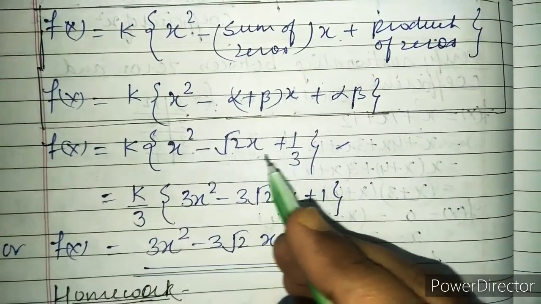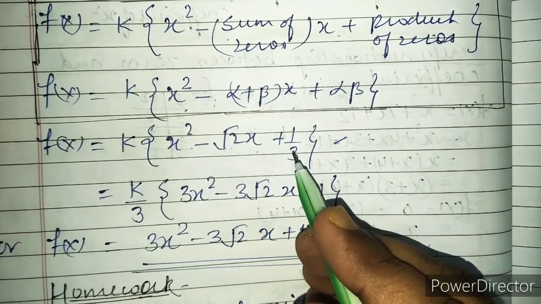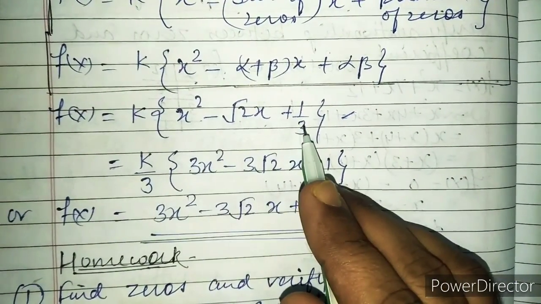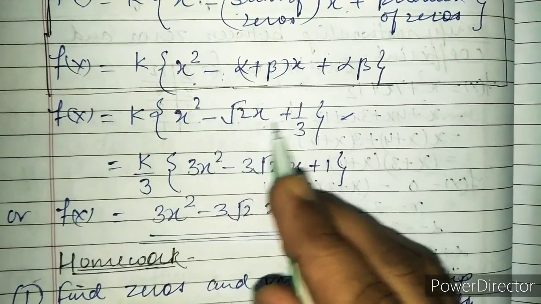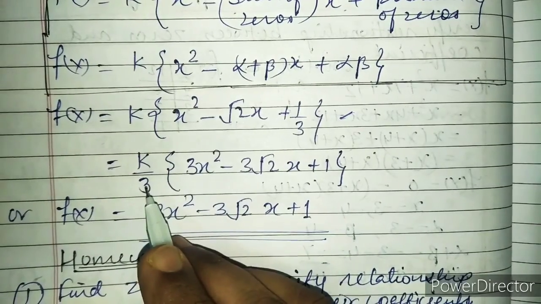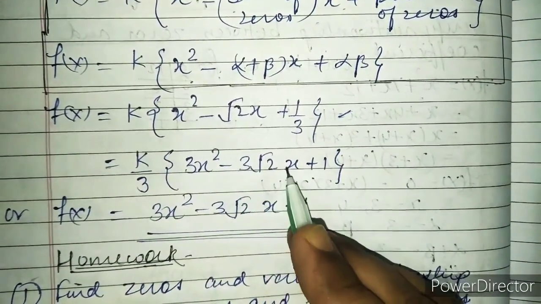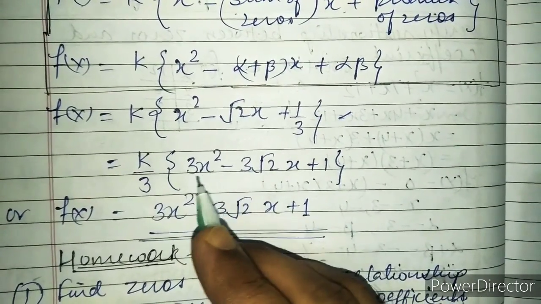You can write the solution directly here, but you can also solve this by taking the LCM. The LCM will be 3, so 3 is outside: (3x² − 3√2 x + 1) whole upon 3.